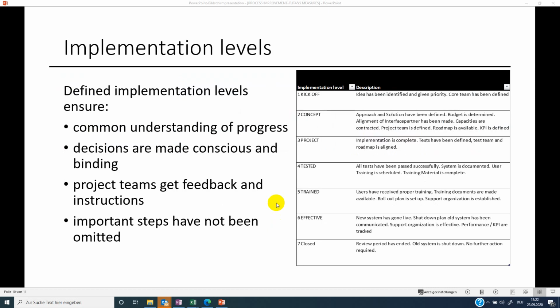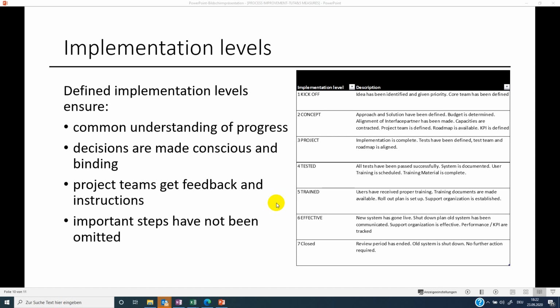So, implementation levels. I quickly talked about it, or at least I mentioned it. Implementation levels are commonly used in project work. I saw them being used extensively in the automotive industry, and to some extent they lean in that direction as well. What do we need?